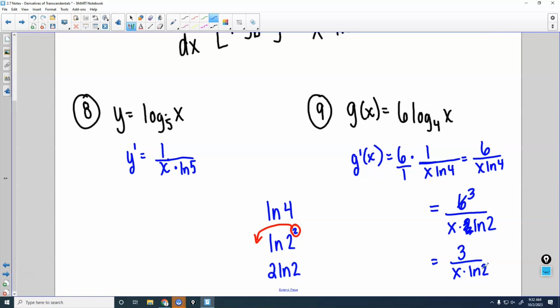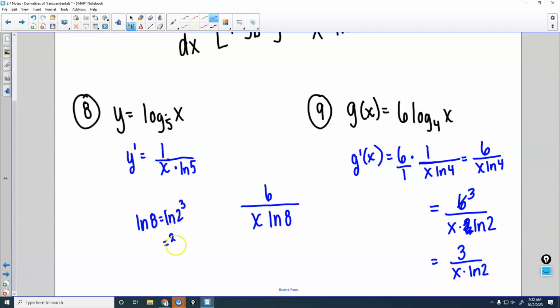It's like the 6 and the 4. It would work on this one, but if you had something like, let's say we had x natural log of 8, and let's say we had 6 up here. Let's see if that would work. There's ways that won't, because natural log of 8 would be natural log of 2 to the 3rd, which would be 3 natural log of 2.